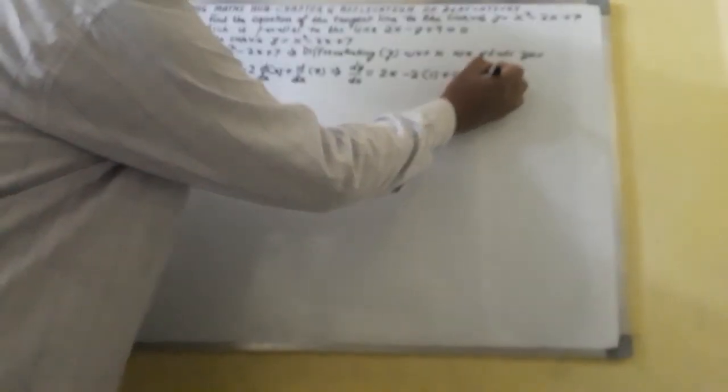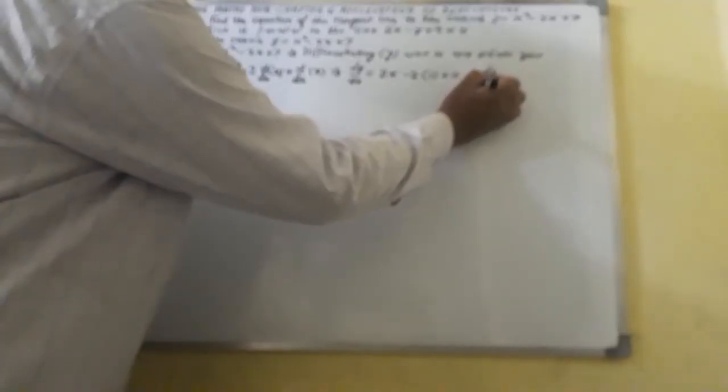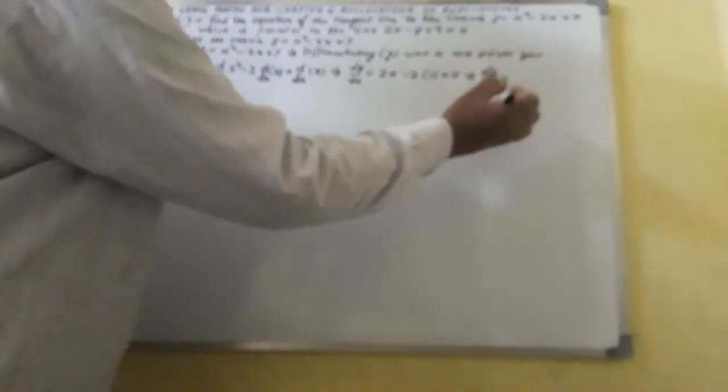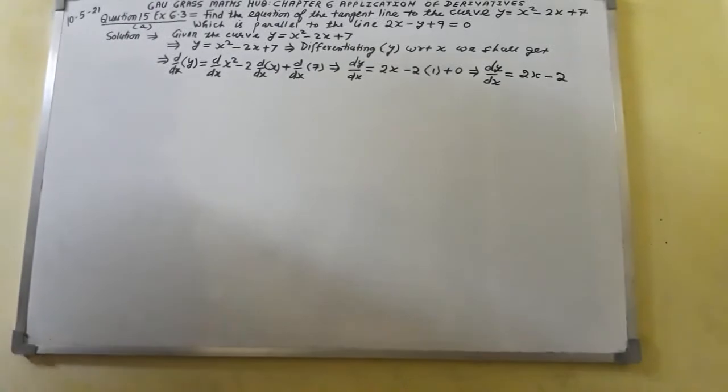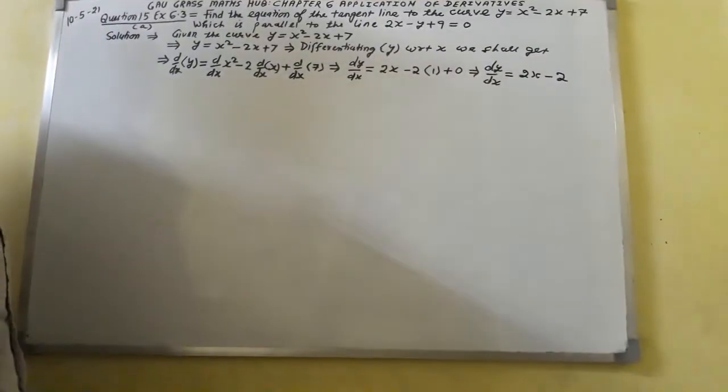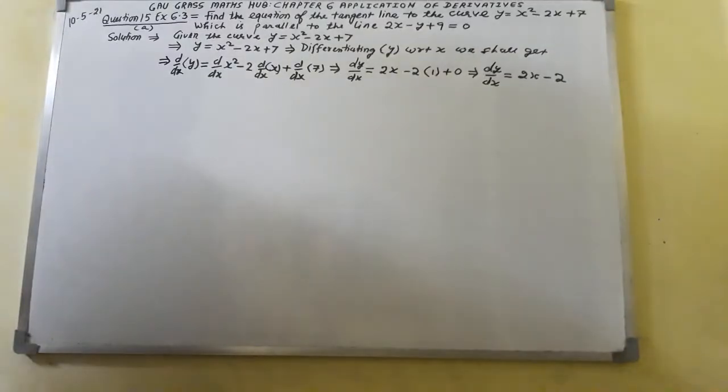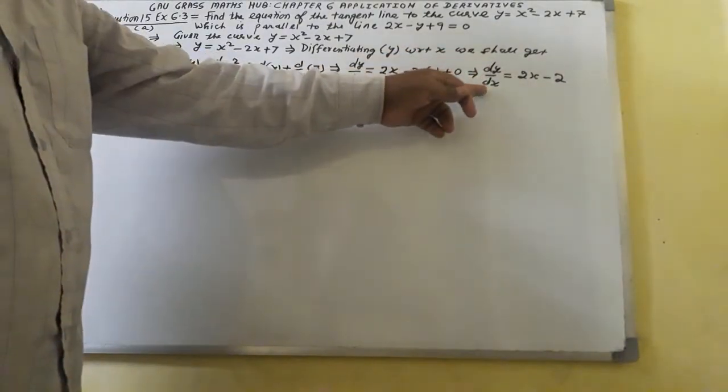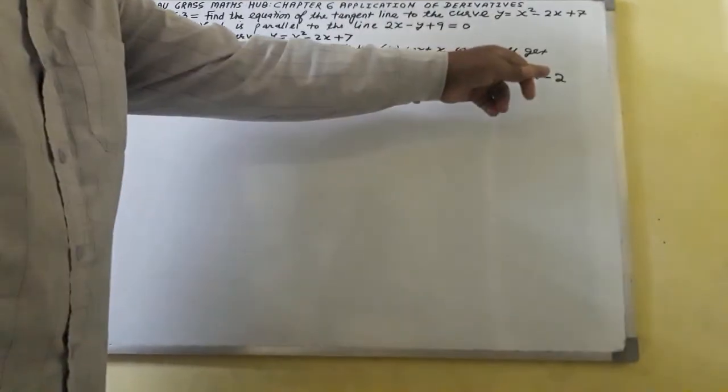So dy over dx equal to 2x minus 2. This thing we have got: dy over dx equal to 2x minus 2.